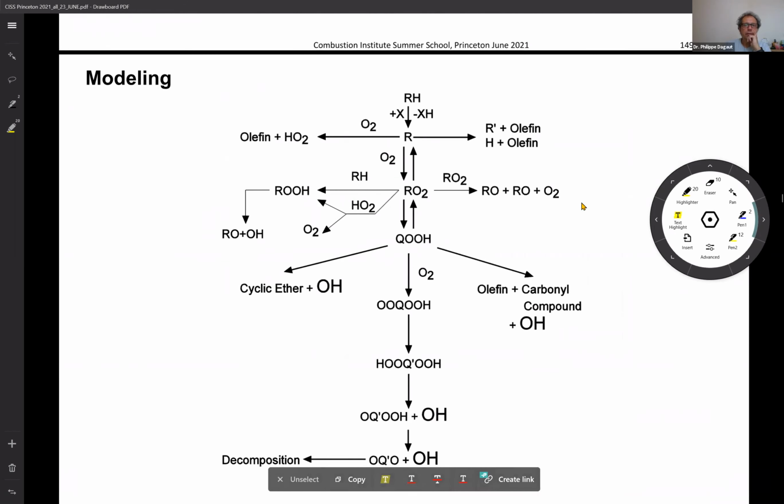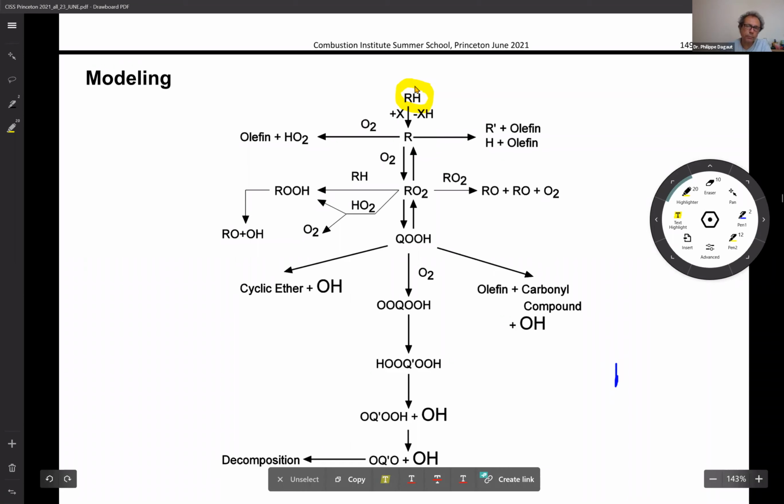So this is a very simple representation of the oxidation of a given fuel. So we start with a fuel here. Let's say it's an alkane, like normal ethane. So we have oxidation of this fuel by H-atom abstraction.